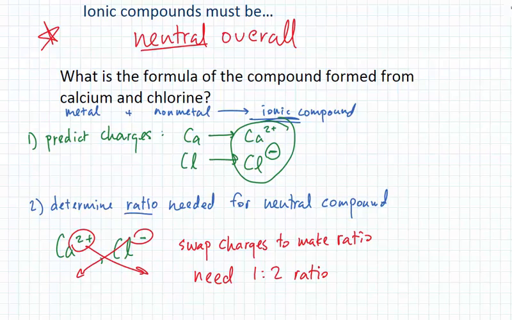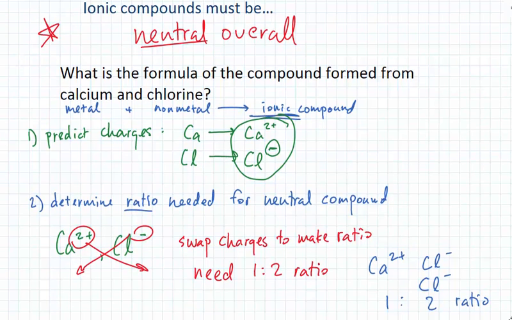What a 1-to-2 ratio means is that for every 1 calcium ion, I will have 2 chloride ions. Get it? 1-to-2. We need a 1-to-2 ratio to make a neutral compound.